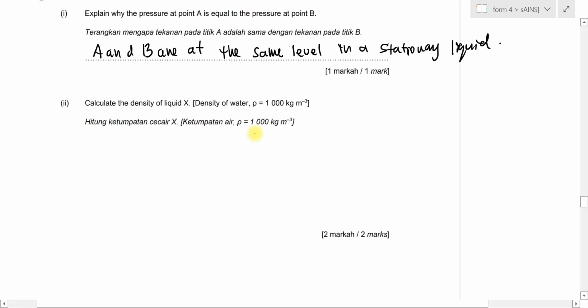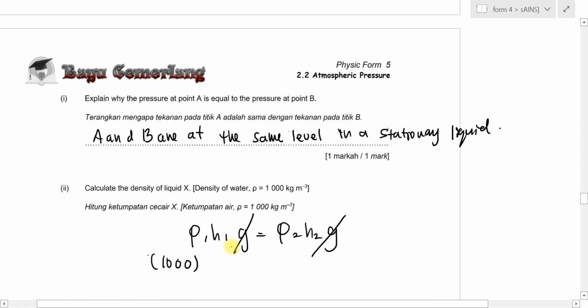We know already at point A and B the pressure is the same, right? So the rho 1 h1 g should be equal to rho 2 h2 g. Same pressure, so the g and g cancel. The density of water is 1000 and the height of the water is 35 centimeter, so 0.35 meter, or you also can write 35 times 10 to the power of negative 2 meter.